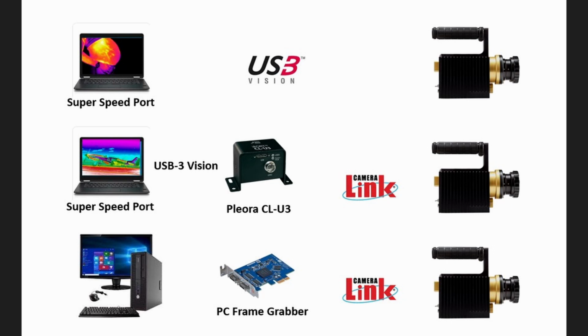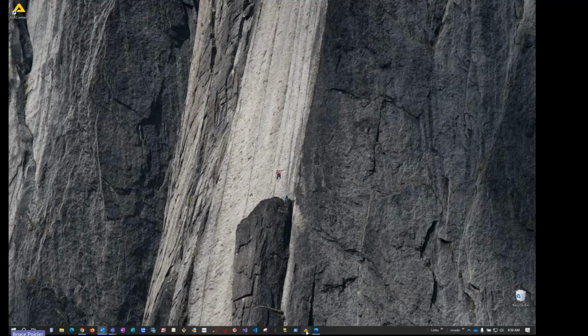The camera can be ordered that way, or the camera could be ordered with a Camera Link interface and a Pleora iPort CL-U3 Camera Link to USB 3 Vision converter can be purchased from Pleora Technologies so that the camera can interface to Nyx Connect directly. So let's open Nyx Connect.